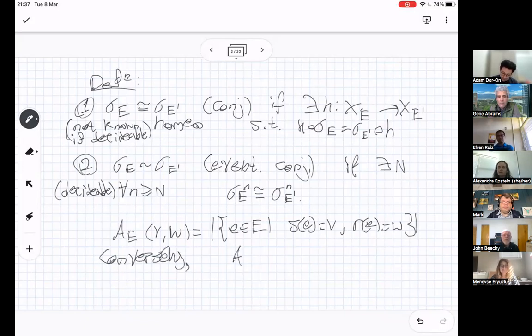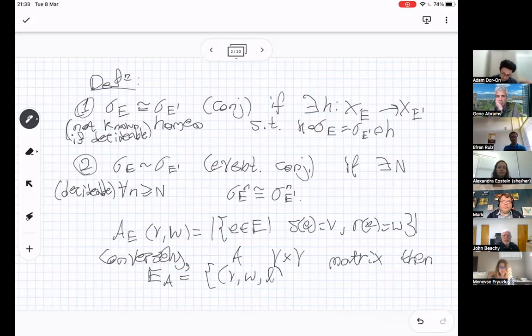So if A is a V by V matrix with values in the natural numbers, then I can look at the collection of edges where I just give them some multiplicity, right?